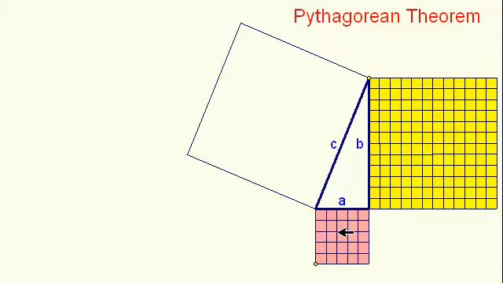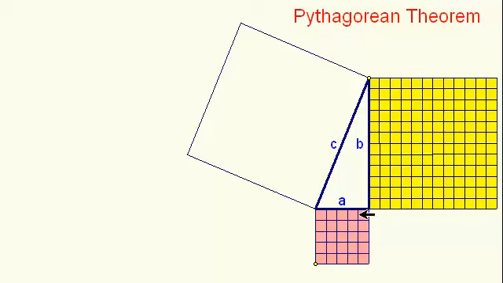In here I have a square which is constructed on leg A, which is 5 by 5. You can count these. The sides of this square are 5 and 5.